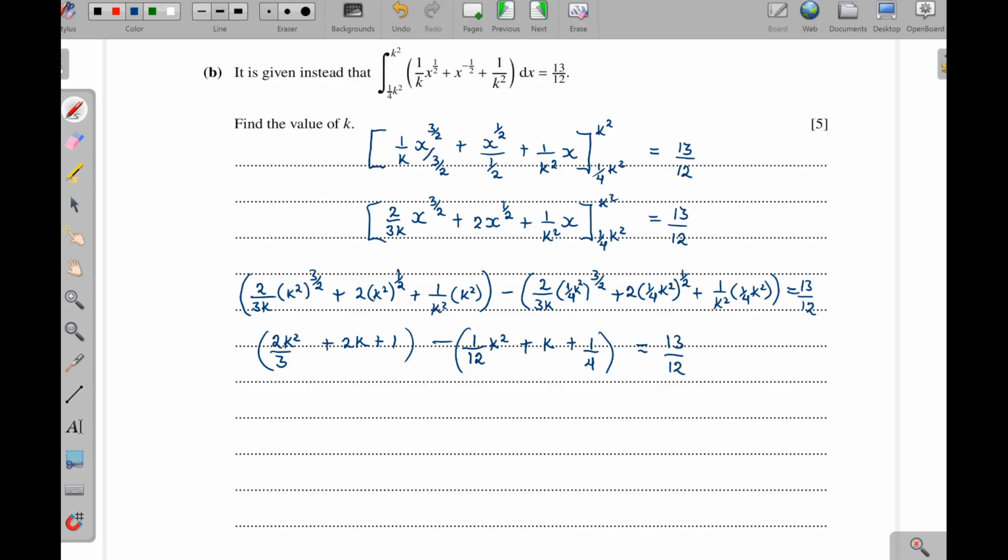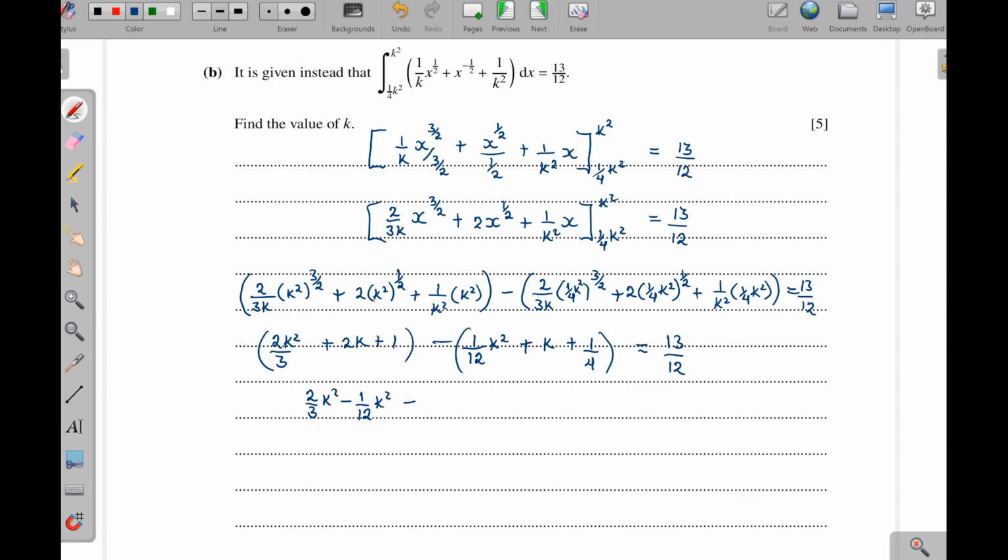Now, let us simplify this. You have 2 over 3 k squared minus this one here. Now, when you open the brackets, okay, the negative will affect everything there. So minus 1 over 12 of k squared.